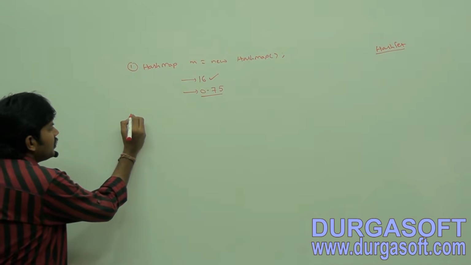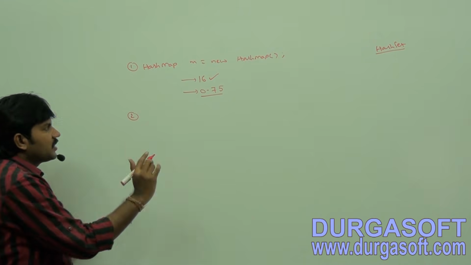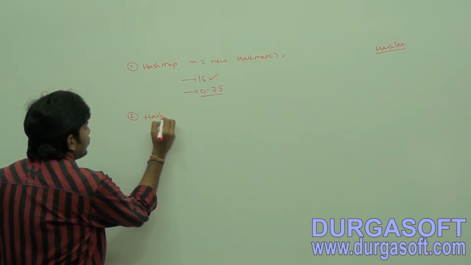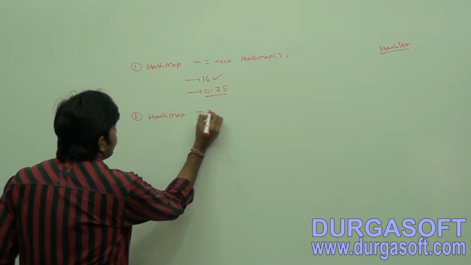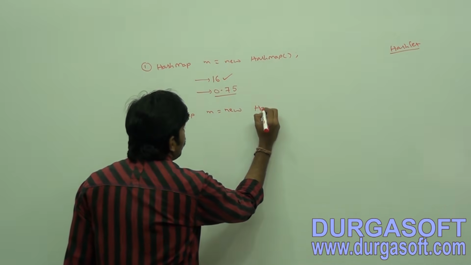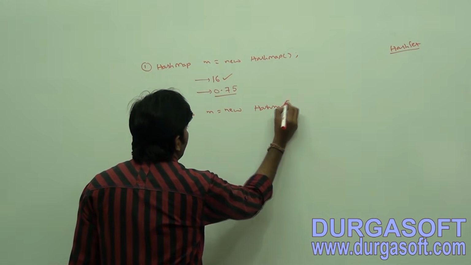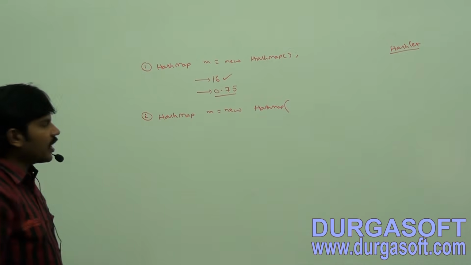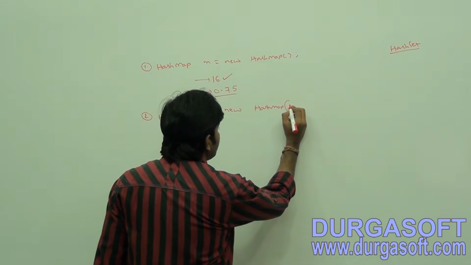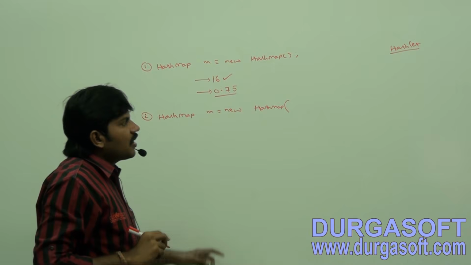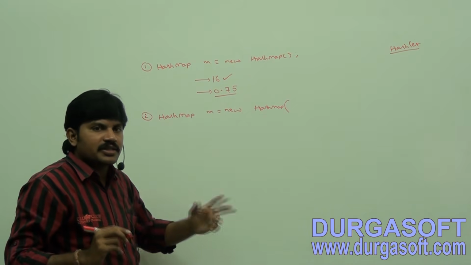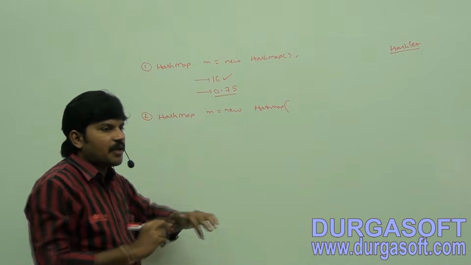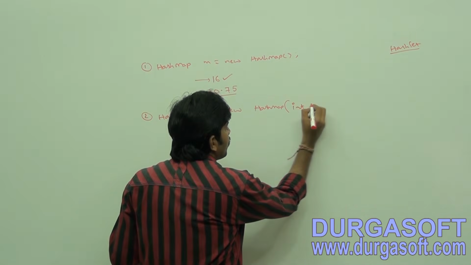Next, this is the first constructor. Second constructor: hash map m is equal to new hash map of int initial capacity, when I don't want 16 and want to customize the initial capacity.